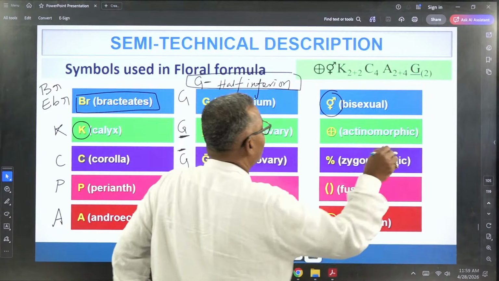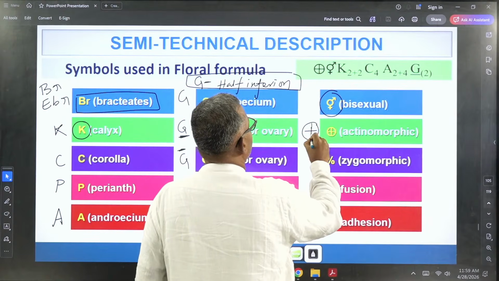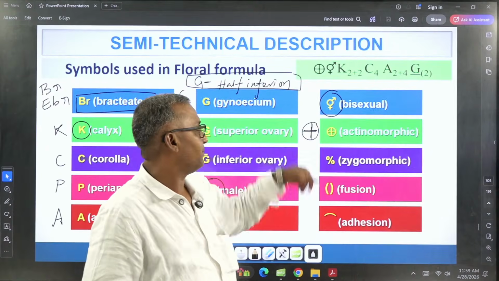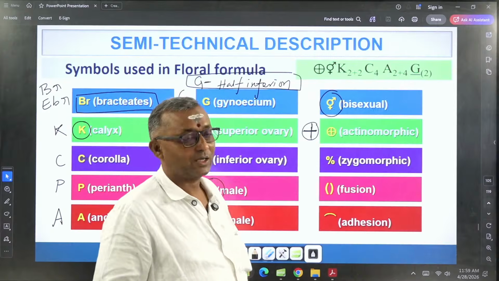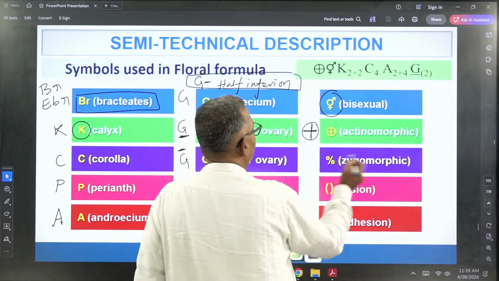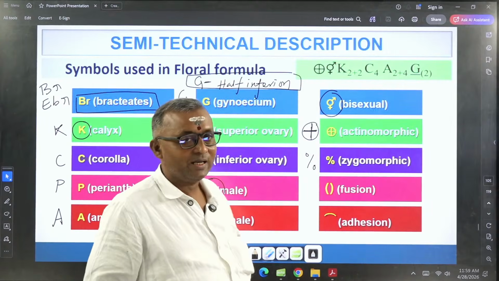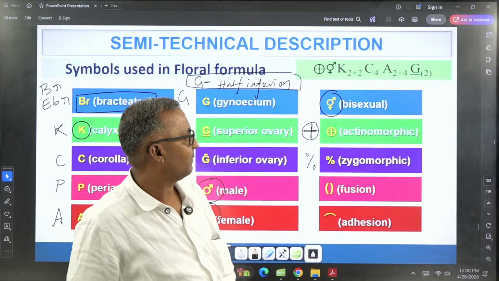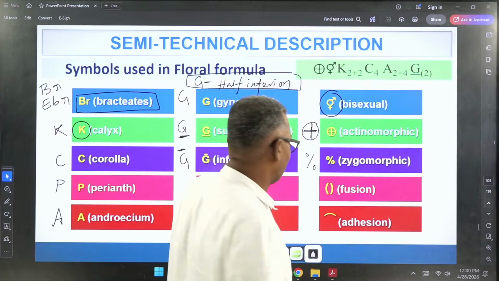Now, if the flower is actinomorphic, then we keep a plus symbol inside a circle. Understood? It is actinomorphic. If the flower is zygomorphic, then we keep a percentage symbol for zygomorphic. Then you may get a doubt: what is the symbol for an asymmetric flower?